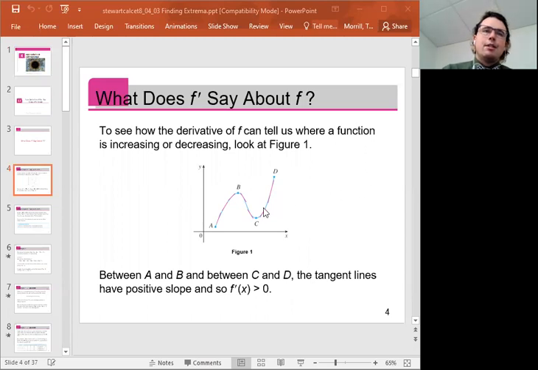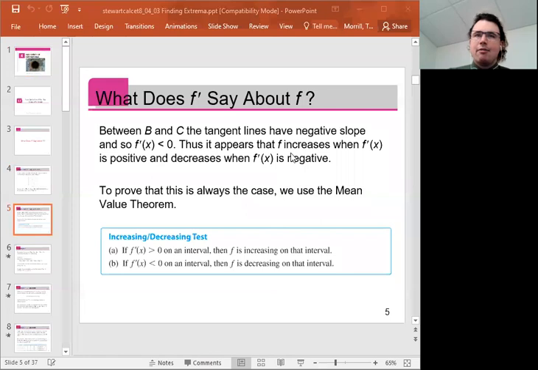So this is going to line up exactly with whether or not the function f is increasing, or if it's decreasing, then I'll see negative slopes on those tangent lines and a negative derivative. This is something that I've mentioned several times during this class, and I'm just making it explicit here.